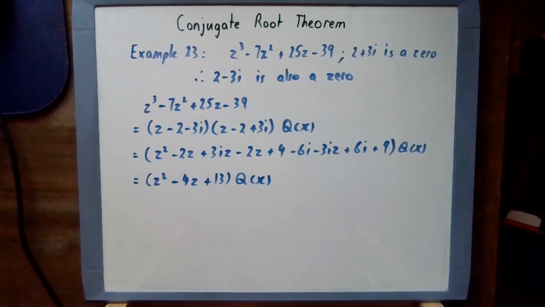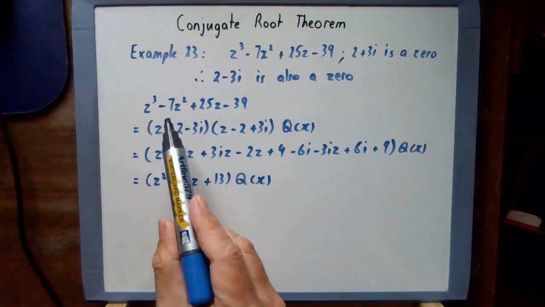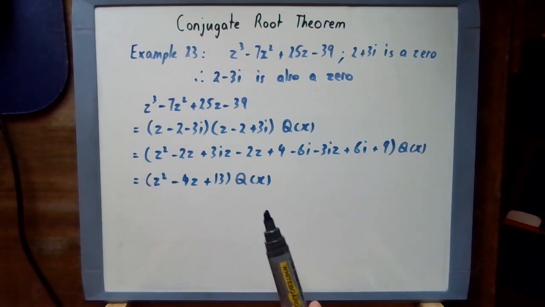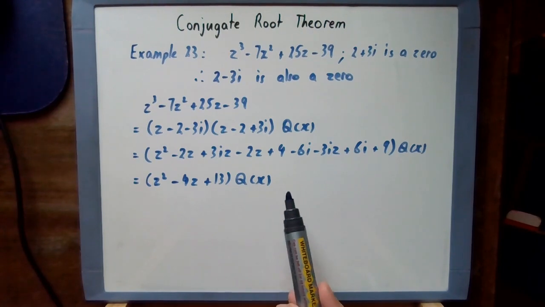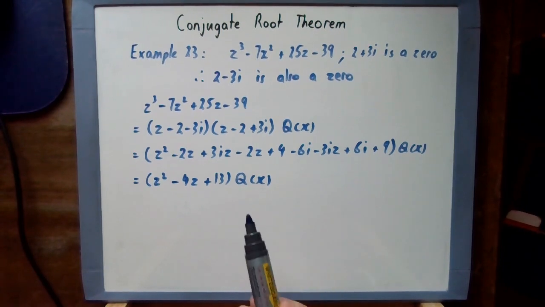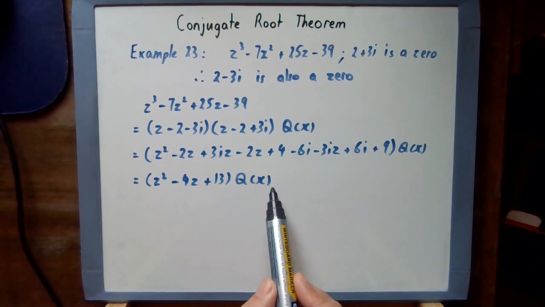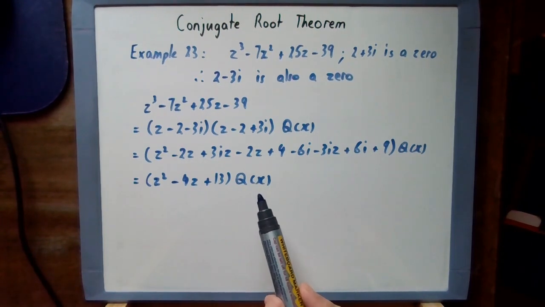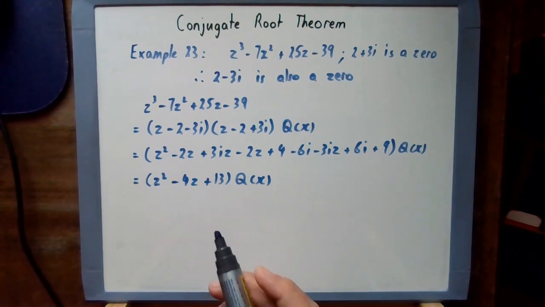Our options now are to divide this polynomial by this polynomial to work out what the remaining factor is, using our division of polynomials from extension. Or we can be just slightly a little bit cleverer, because we know that whatever q of z is going to be, it's going to be a linear equation.